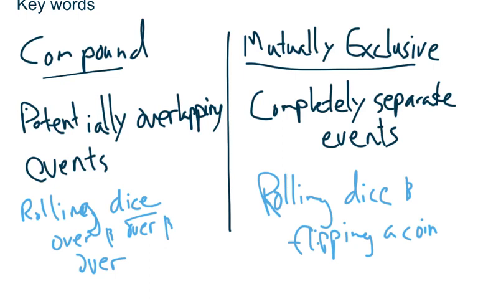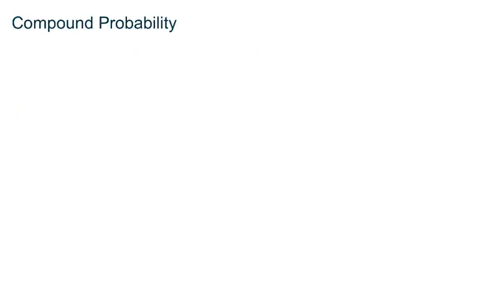Okay, now let's get into compound probability. Here's the rule that we have to know. Let's say we're taking a look at two events.